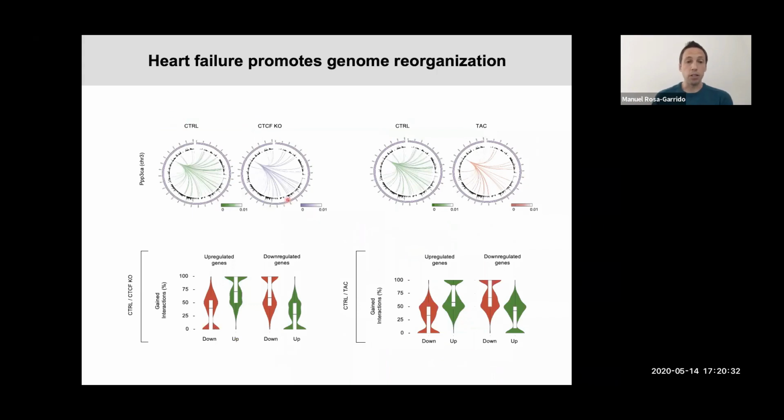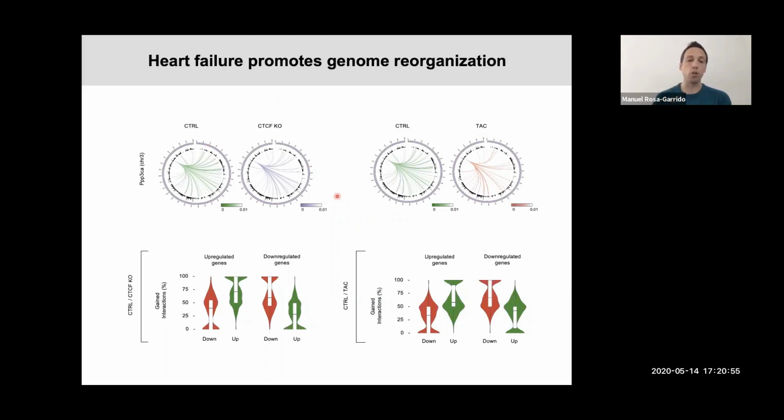The next thing that we did was to study the transcriptional behavior of the genes that are at the other side of all the interactions that are coming out from the differentially expressed genes that we found after inducing heart failure by depleting CTCF or performing TAC. Okay?